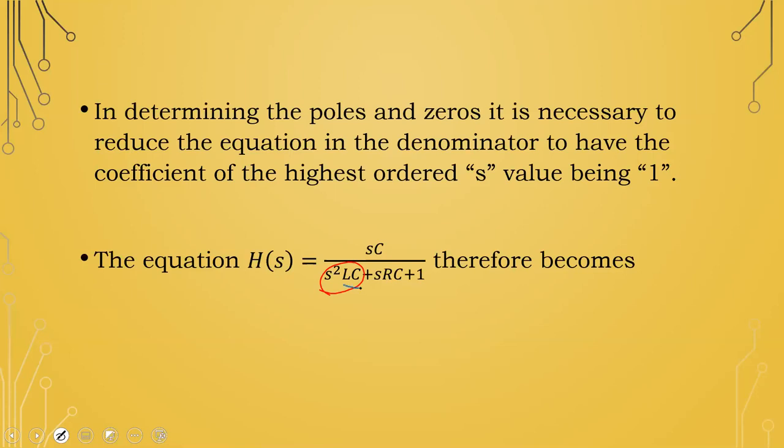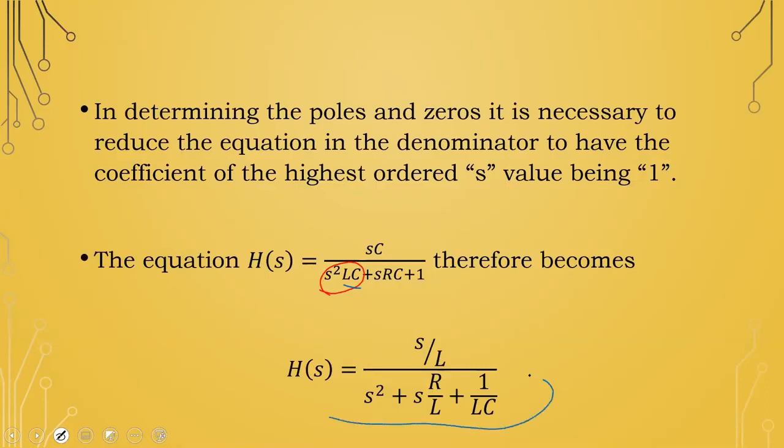So if I divide everything by LC, or in other words, multiply both numerator and denominator by 1 over LC, then I get this expression. And for the discerning person, you will see that this particular equation in the denominator looks quite familiar.